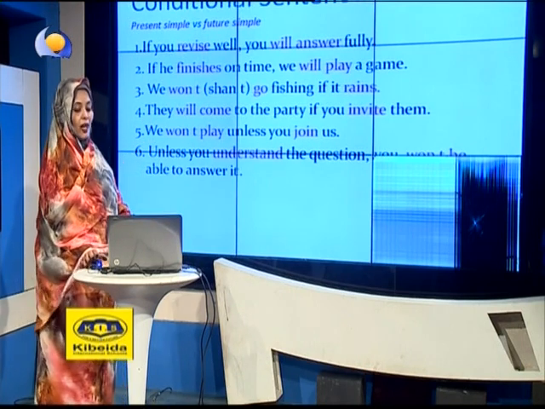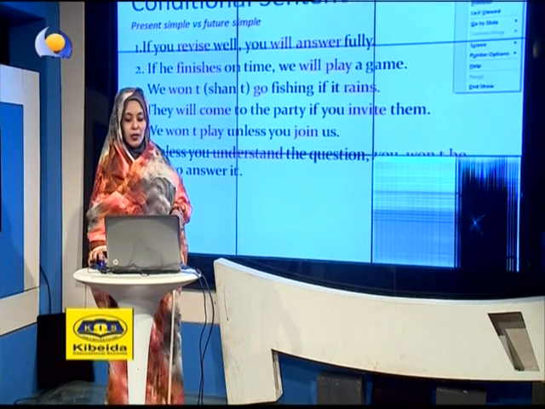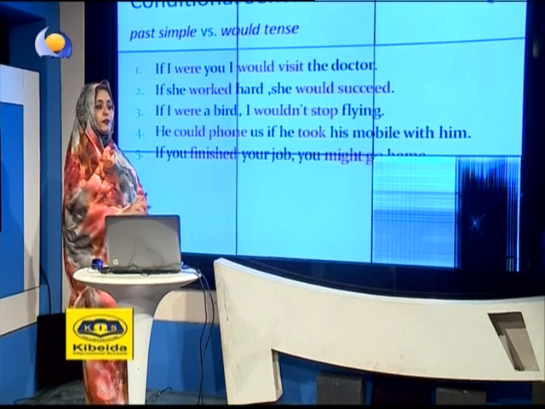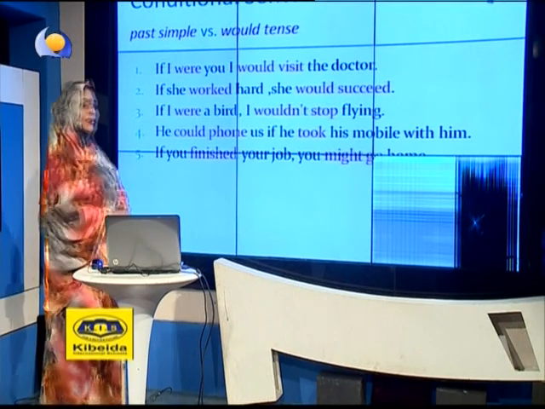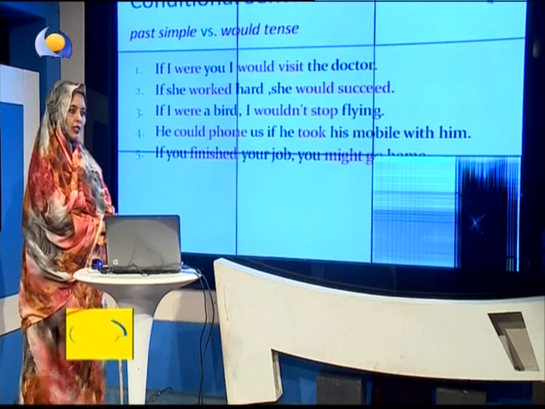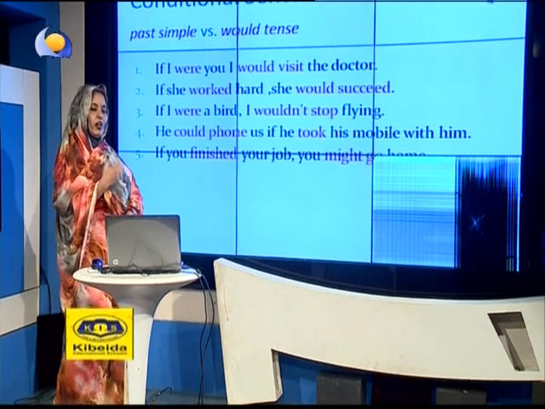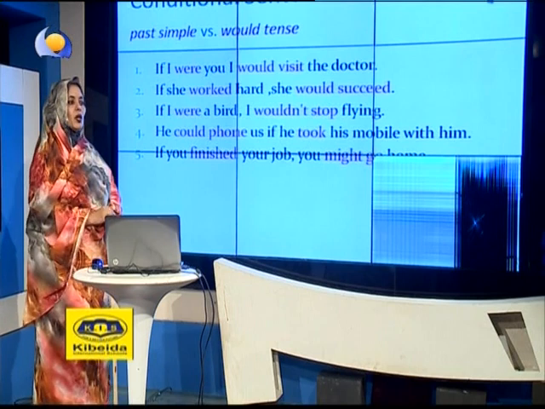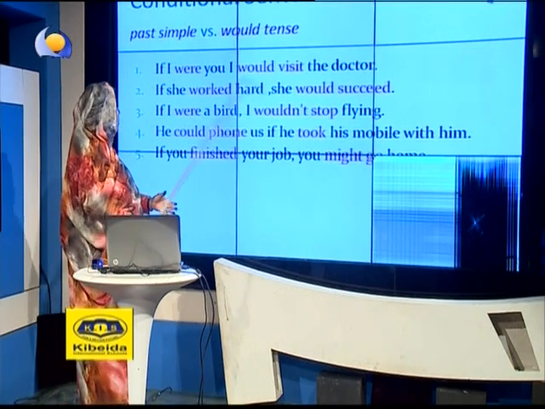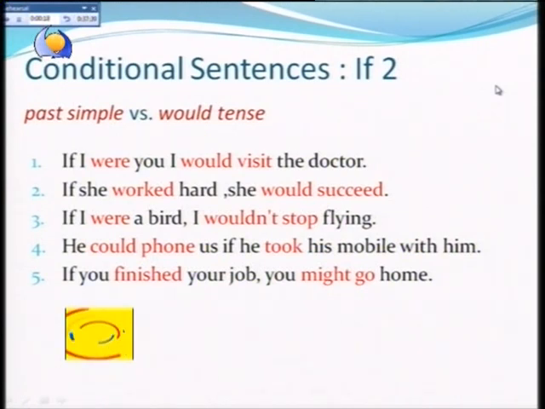The second type of if that we are going to see is if two. If two sentences are used to express very difficult situations, very difficult to happen, or almost impossible to take place. For example, if I were you, I'd visit the doctor.